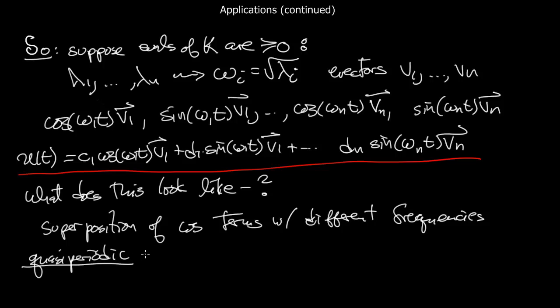What you get is something which is sometimes called quasi-periodic. If these omega i's are related to each other by a rational number, then it's actually periodic. But in general, it's not.